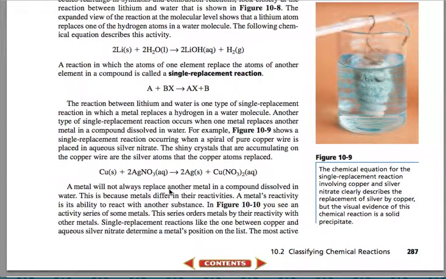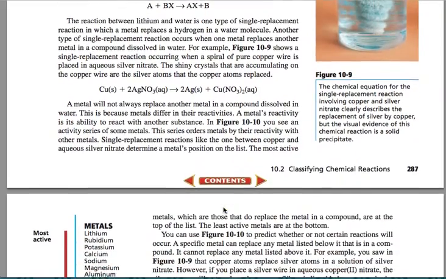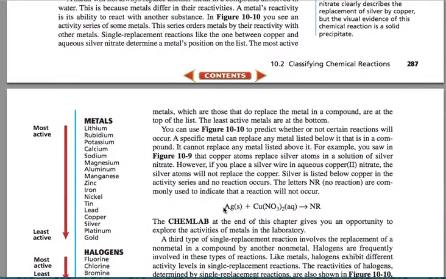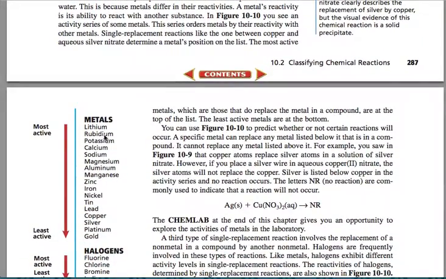A metal will not always replace another metal in a compound dissolved in water. This is because metals differ in their reactivities. A metal's reactivity is its ability to react with another substance. In figure 10-10, you will see an activity series of some metals. This series orders metals by their reactivity with other metals.